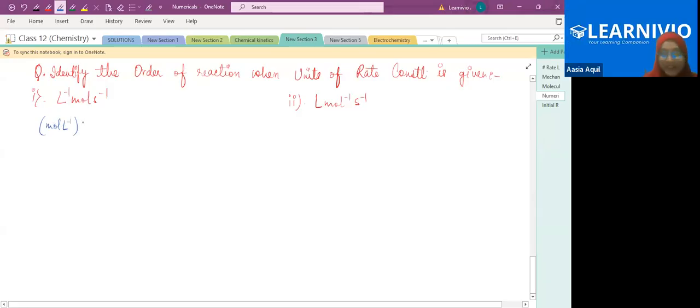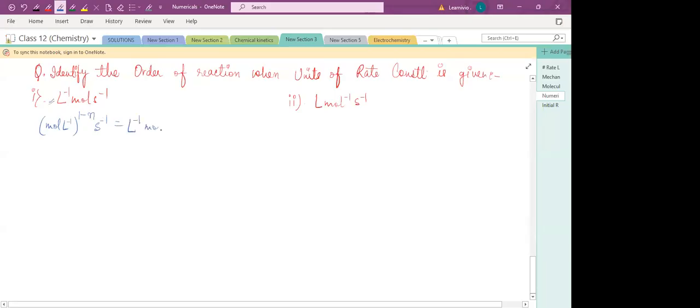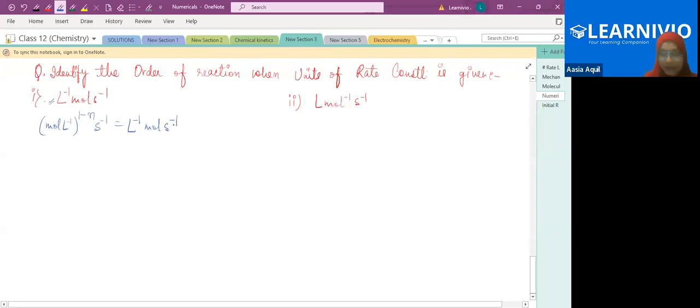So the first one, let's check whether you have done it correctly or not. So it's mole per liter to the power 1 minus n per second is equal to, just equate this, right? The given is per liter mole per second, right? Now see, something will cancel out, per second will cancel out, right? Just see this mole per liter. This is the base.